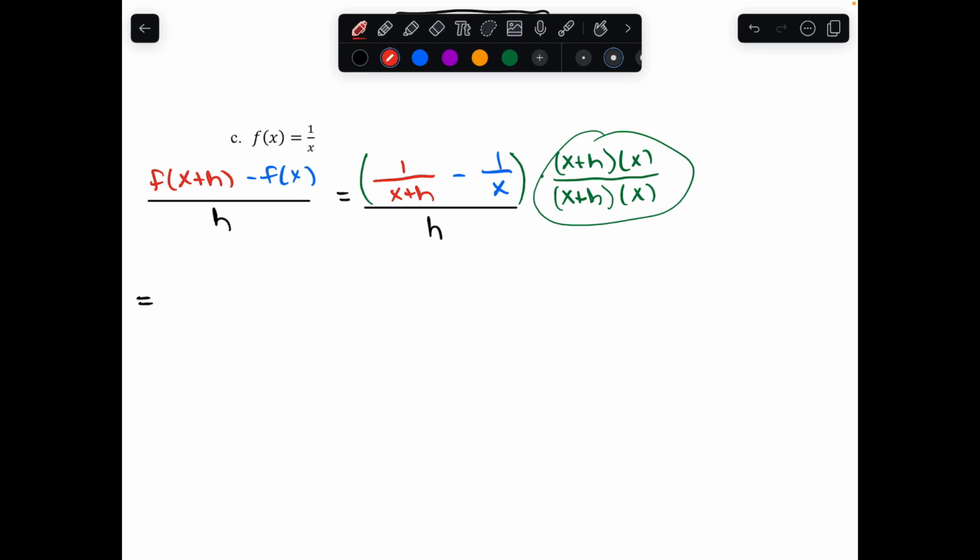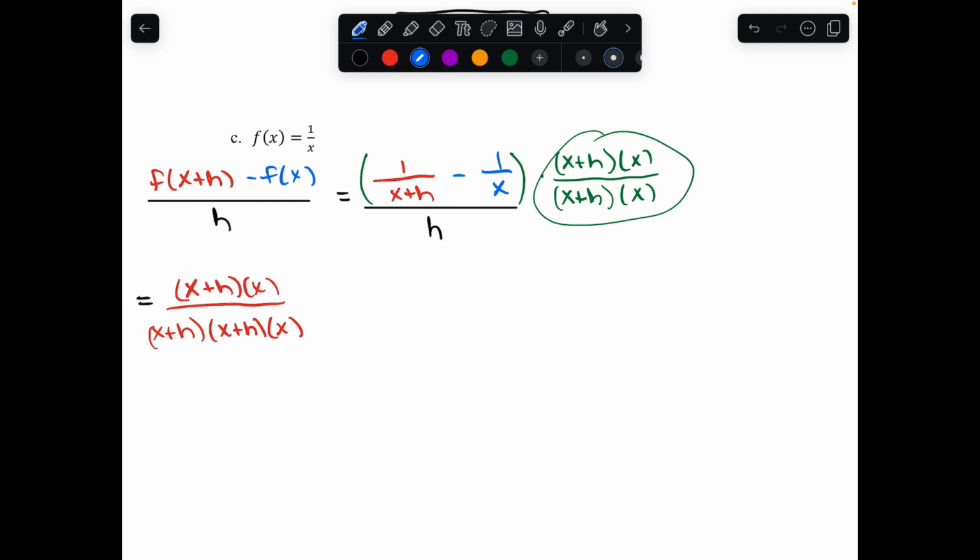So the left side is going to become (x plus h) times x divided by (x plus h) times x.